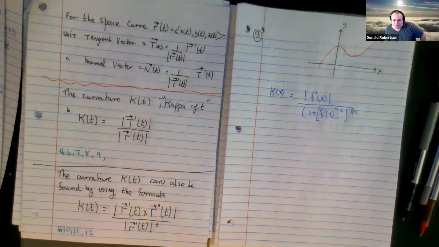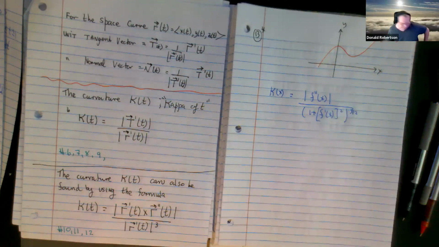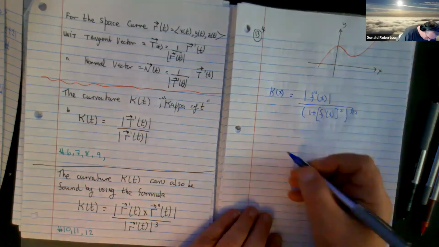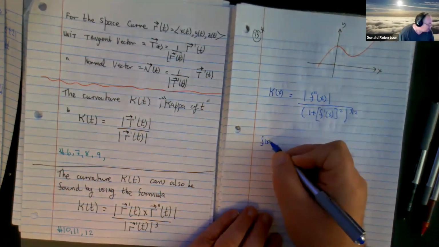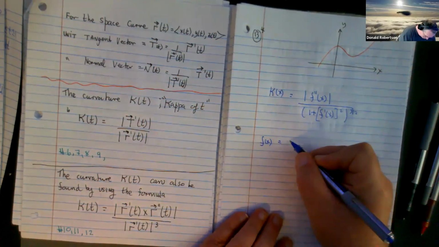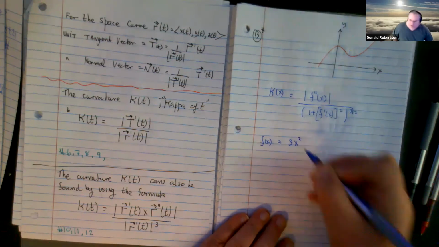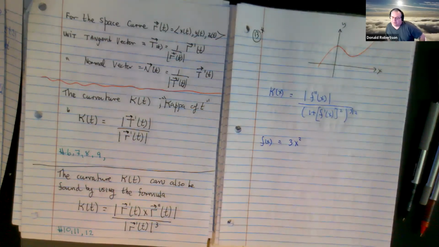Now, I'm not a sciencey person. I'm not sure why you would want to know the curvature of a 2-dimensional object, but if you did, here is the horrible formula for doing it. So let's give you a function and calculate its curvature.